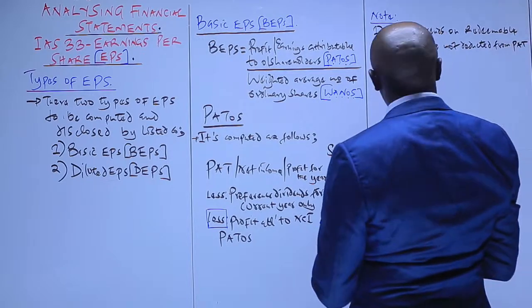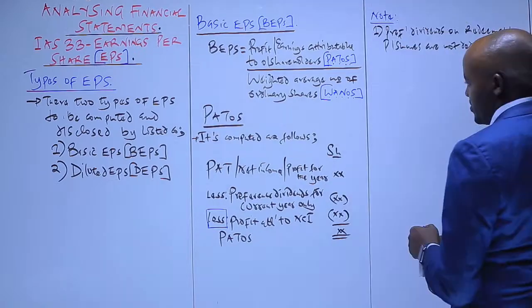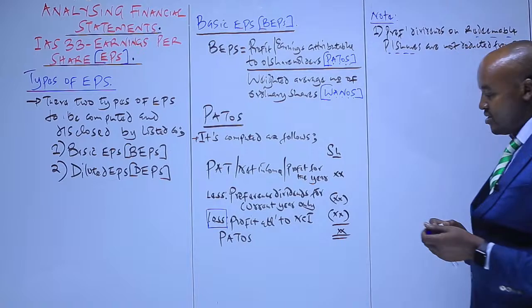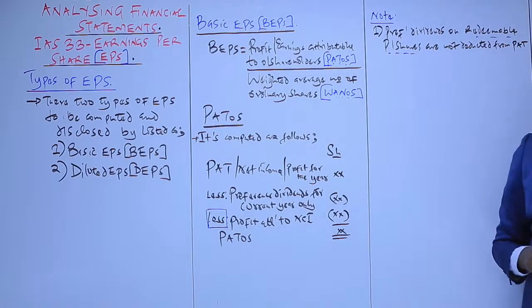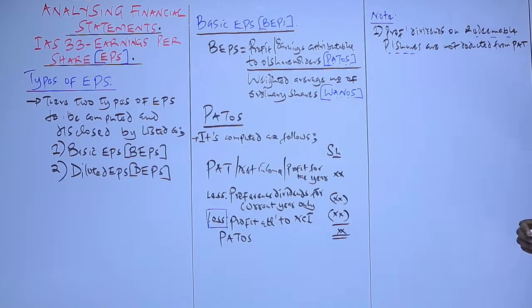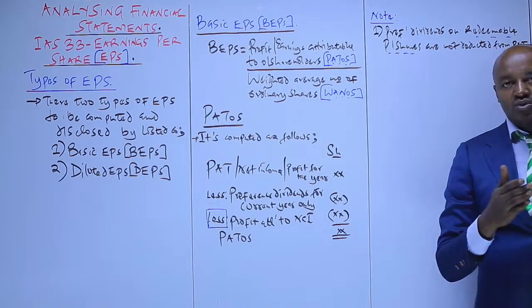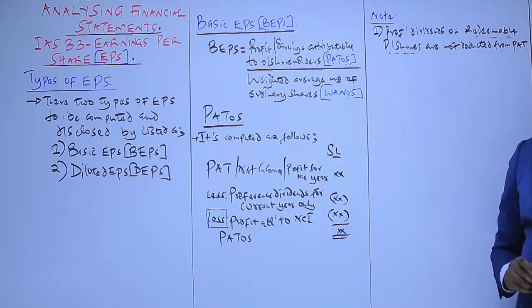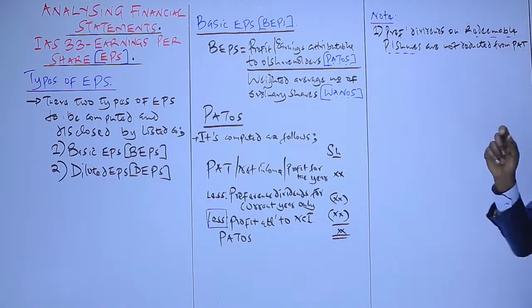The reason behind that is that the preference dividends on preference shares which are redeemable are classified as part of the finance cost, simply because these preference shares are redeemable.